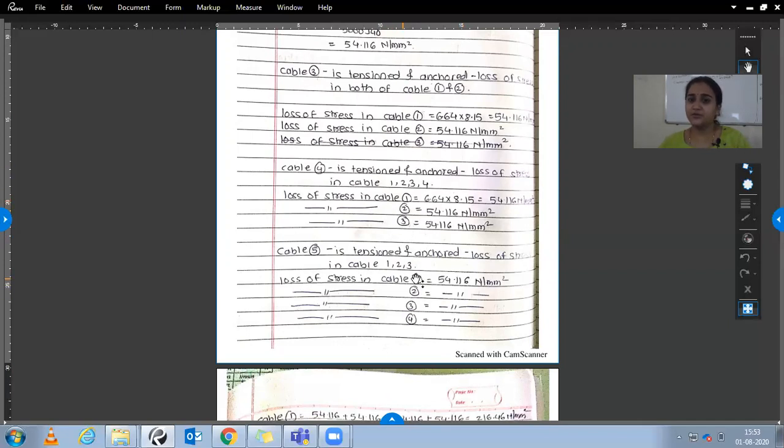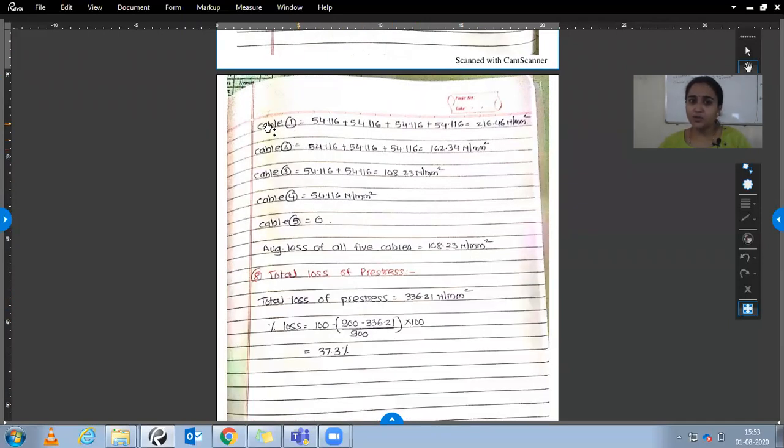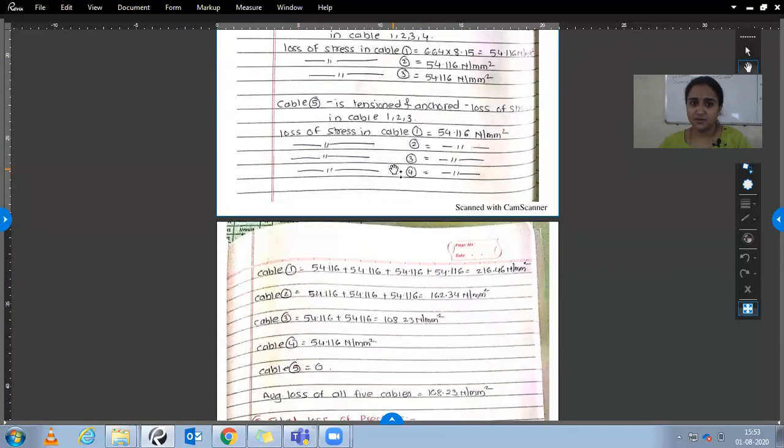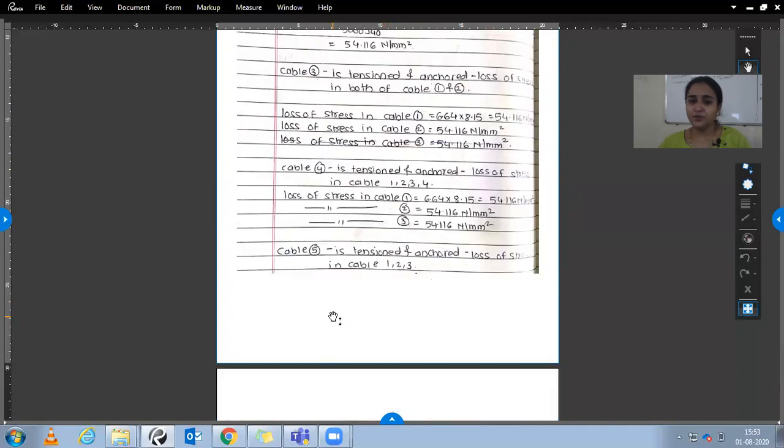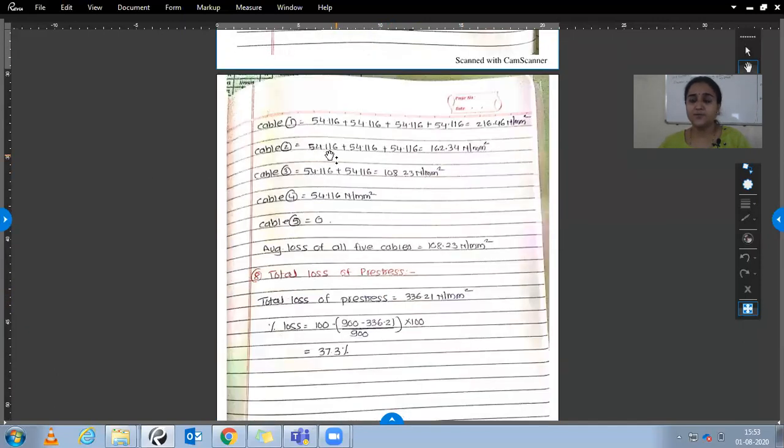Then cable number 5 is anchored and tensioned after cables 1, 2, 3 and 4. We are going to add up all these values of M into FC for the consecutive cables.